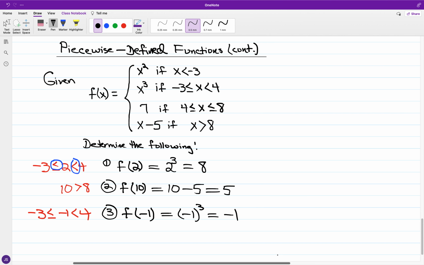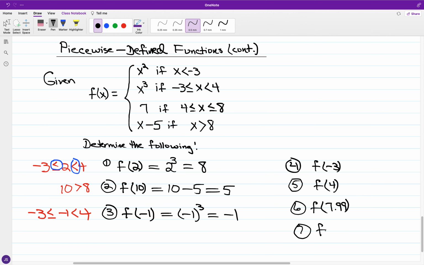Alright, and tell you what, just with what we have with the piecewise defined function, say for the next few moments, let's see what we get for f of -3, f of 4, f of 7.99, f of 8, and also f of 8.01.